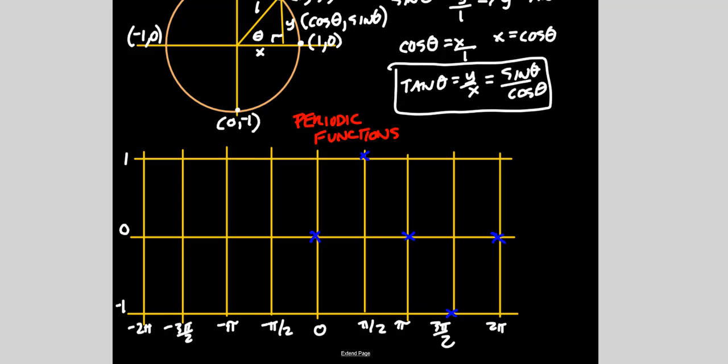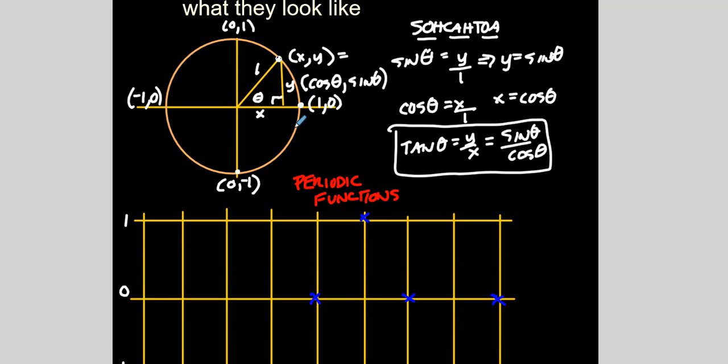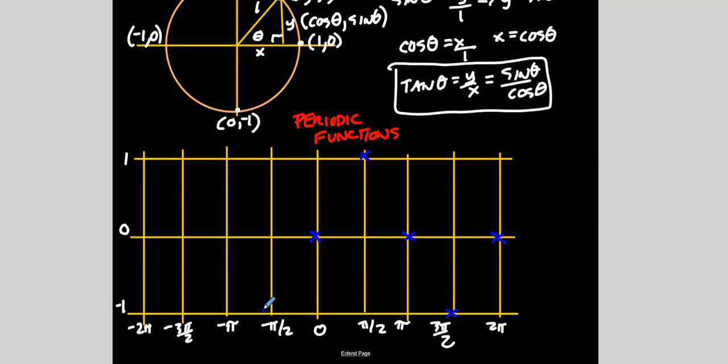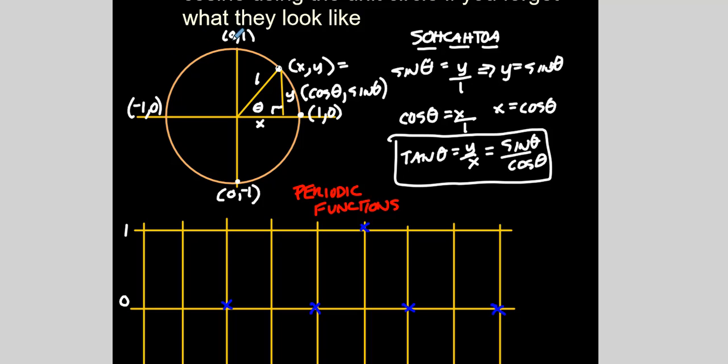Okay. Now we can go backwards too. I could start here. This is negative pi over 2. Sine of negative pi over 2, or negative 90 degrees, is negative 1. Sine of negative 180 degrees, or negative pi radians, is 0. Sine of negative 3 pi over 2, or negative 270 degrees, is 1.